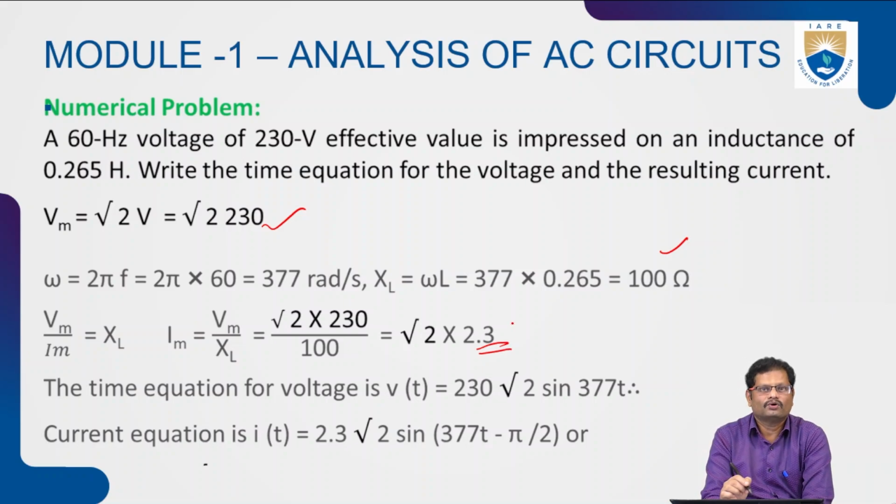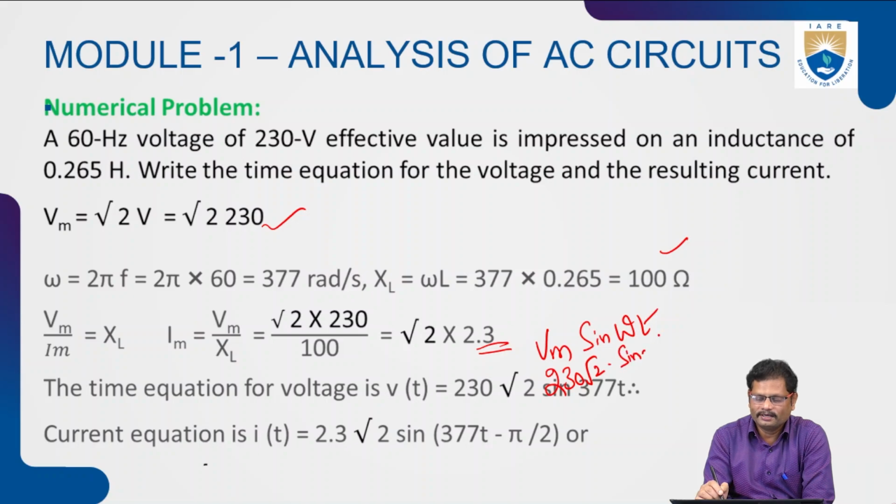The time equation for voltage we can now write: V of t equal to Vm sin omega t. Vm is 230 root 2, into sin of omega, which is 377, into t. That is the voltage equation.